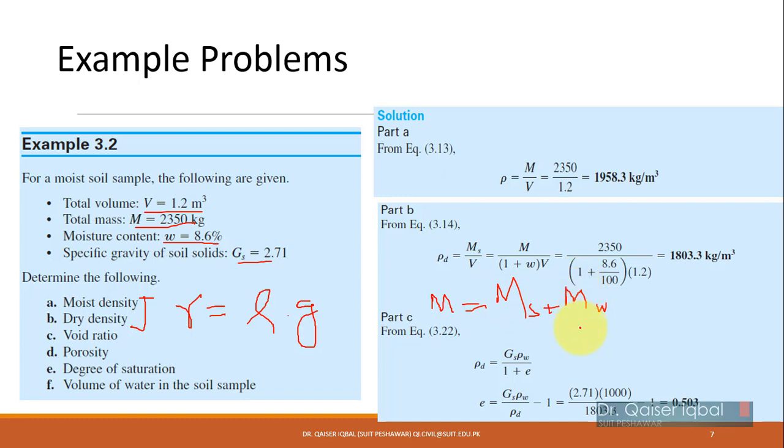That is equal to the moisture content. So the equation is M equals Ms into 1 plus w, or 1 plus moisture content, or Ms is equal to the total mass divided by 1 plus moisture content.